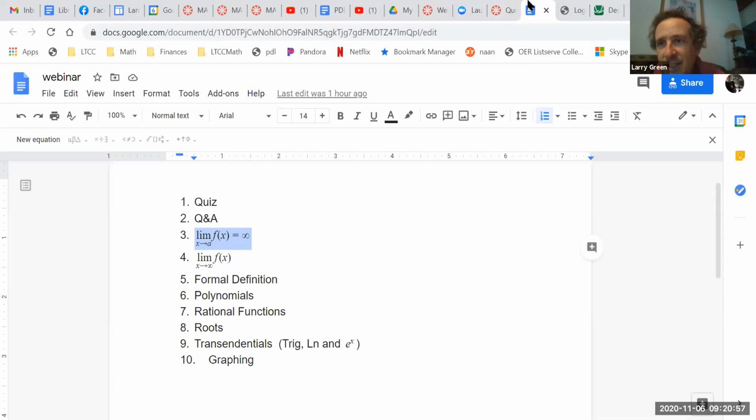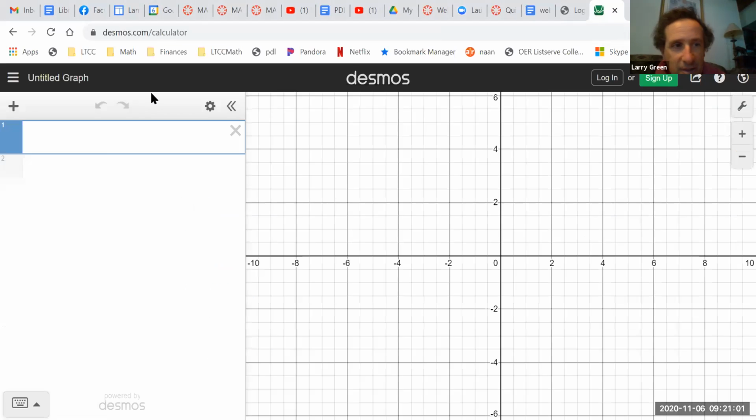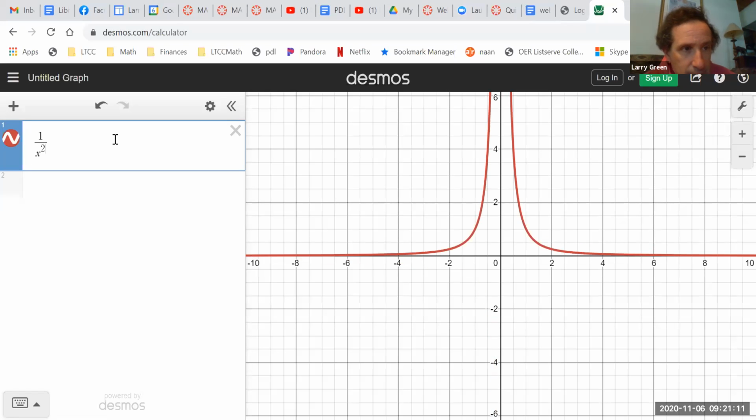I thought I'd just show you some pictures. I think that's the easy way to see it. Desmos is good for that. The most classic one is 1 over x squared. That certainly has a vertical asymptote. If you let x approach 0, you get 1 over 0 squared, which means positive.